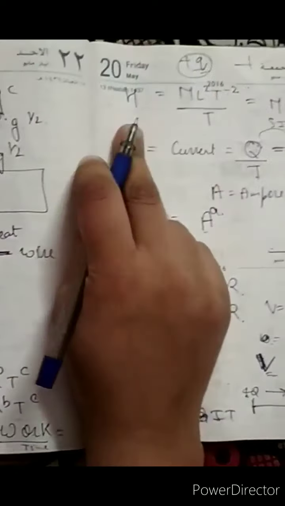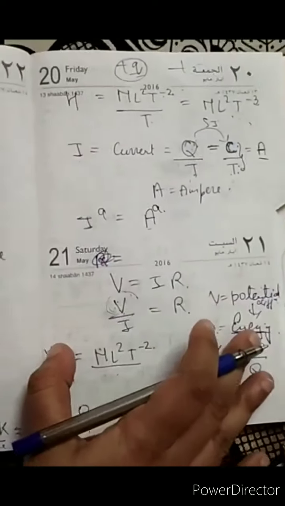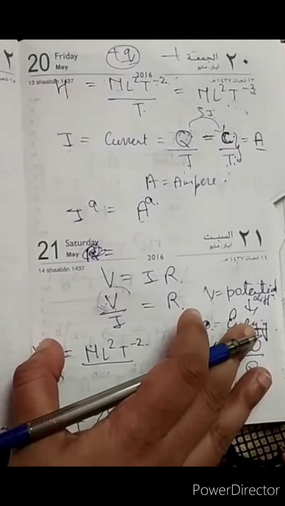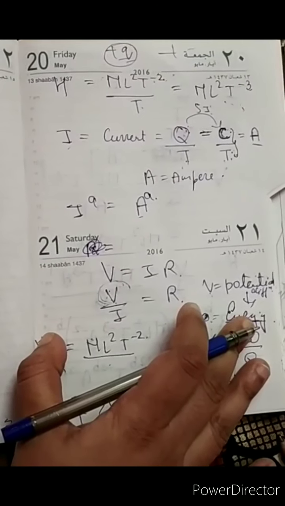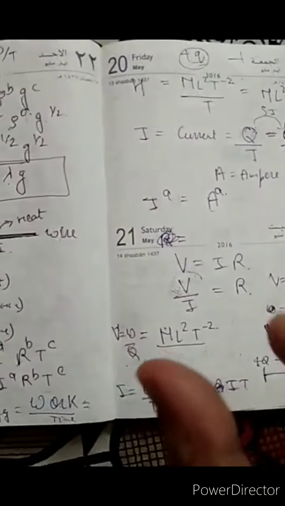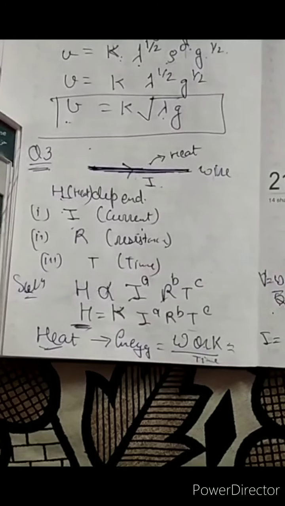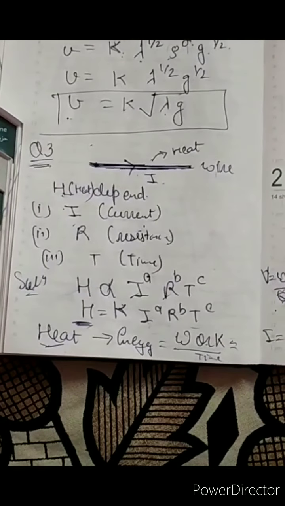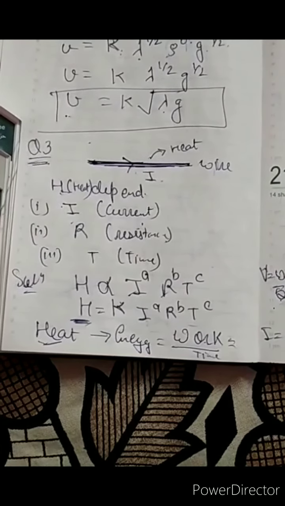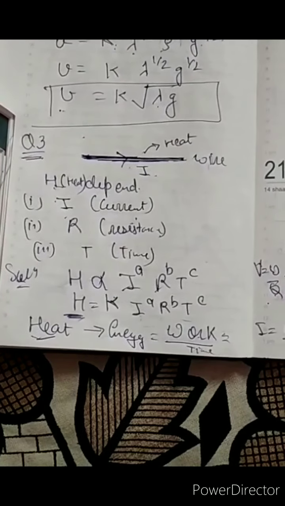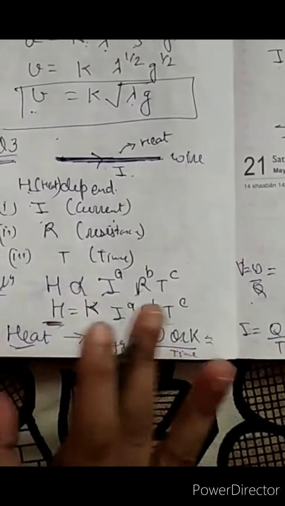So H is ML²T⁻². This is my H. Why is it T⁻³? Heat is energy.